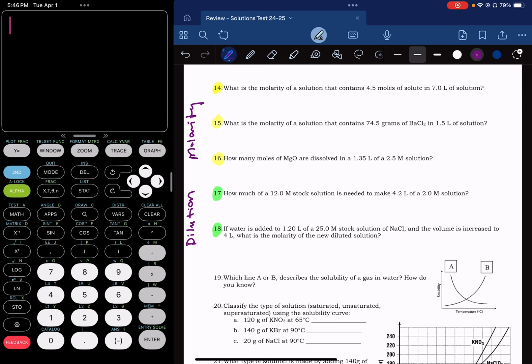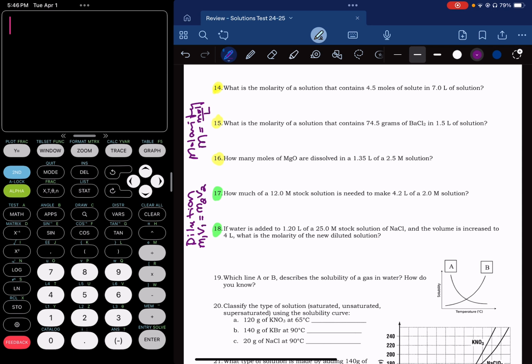We use big M for molarity equals mole over liters. That's the one that we'll always use for the molarity problems. And then for dilution, we use initial molarity times initial volume equals your final molarity times your final volume. We're going to use that one on those problems.